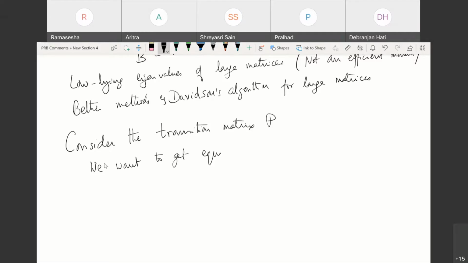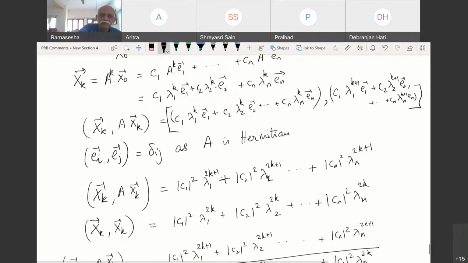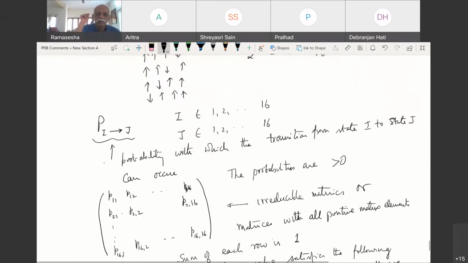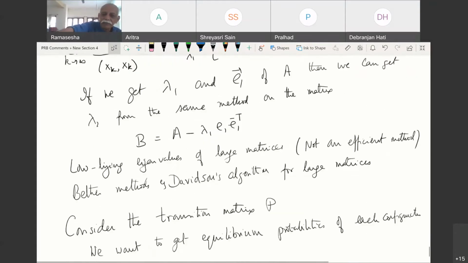You remember the transition matrix that I talked about, P11, P12, etc.? You have already forgotten. The probability matrix, the transition probability matrix.